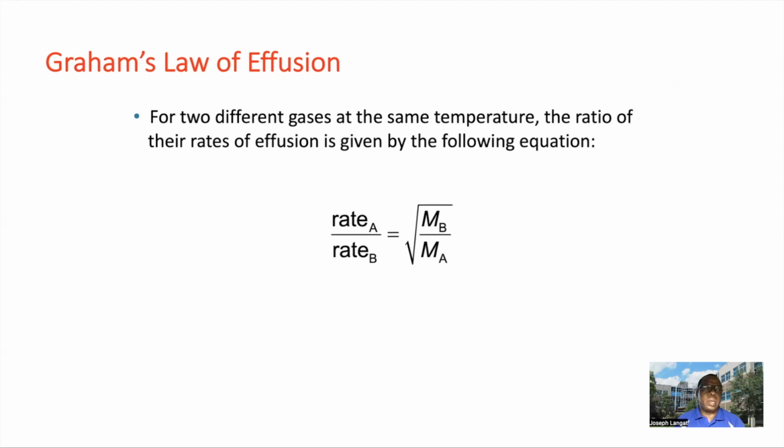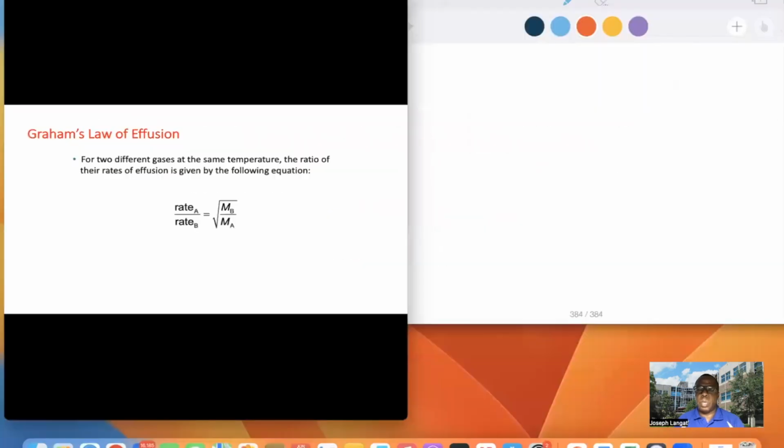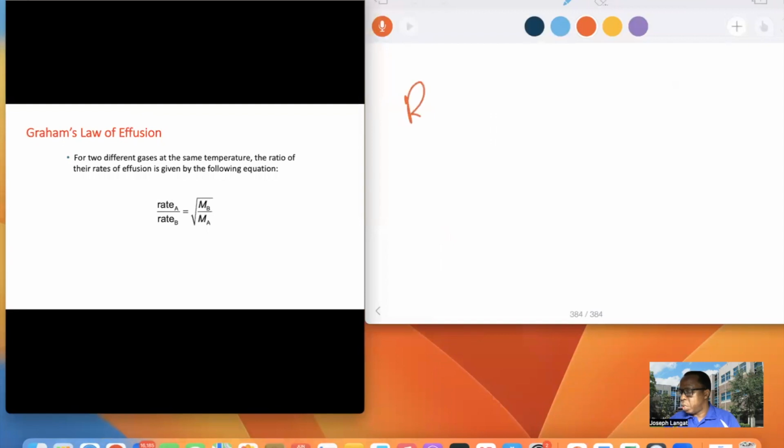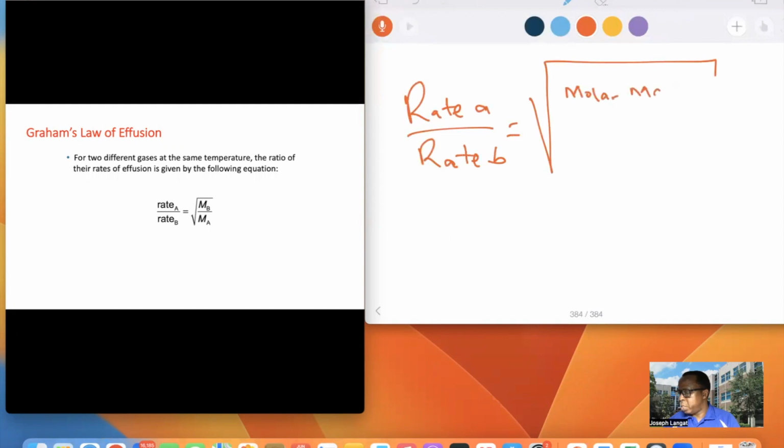If I can rewrite the equation here, sometimes you may wonder: rate A over rate B equals the square root of the molar mass of B over the molar mass of A. Everything is under the root.